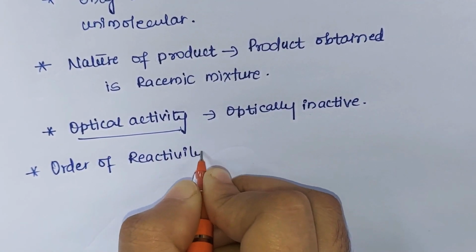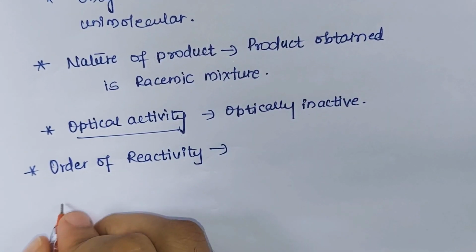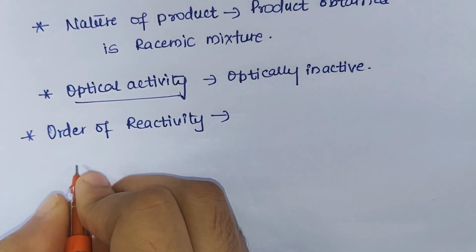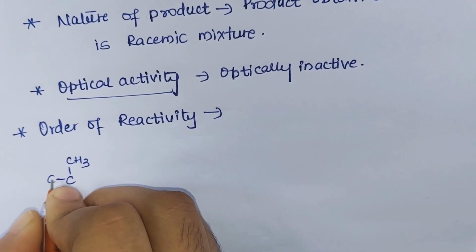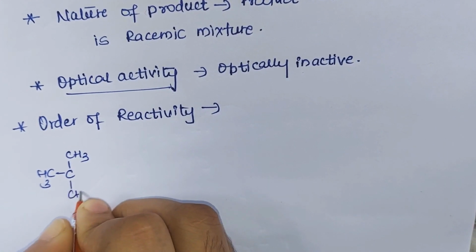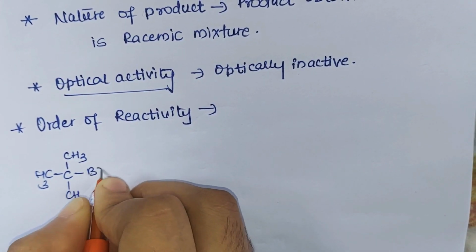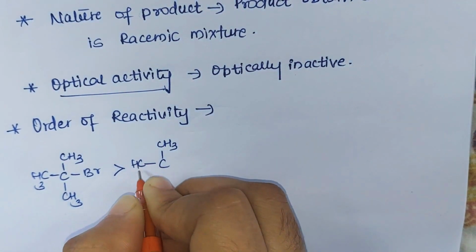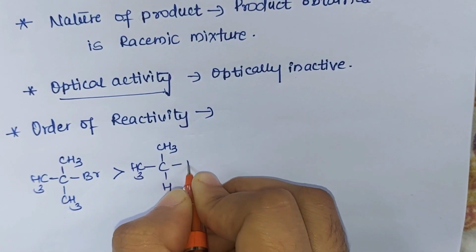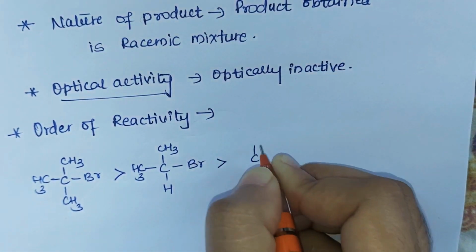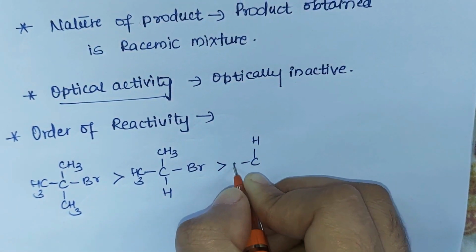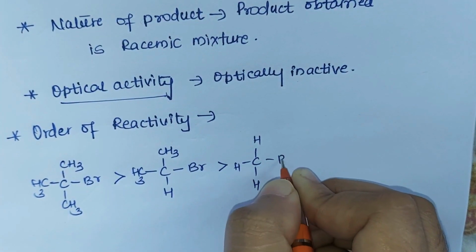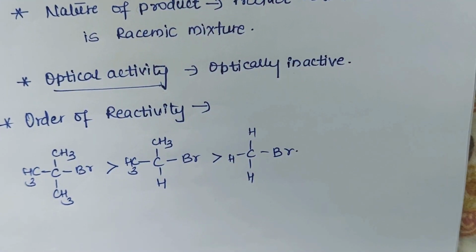Then let us consider the order of reactivity. What was the order of reactivity in SN2? Primary alkyl halides were more reactive than secondary, and secondary were more reactive than tertiary, because of the steric hindrance in secondary and tertiary. Here, tertiary alkyl halides are more reactive than secondary, and secondary more reactive than primary.